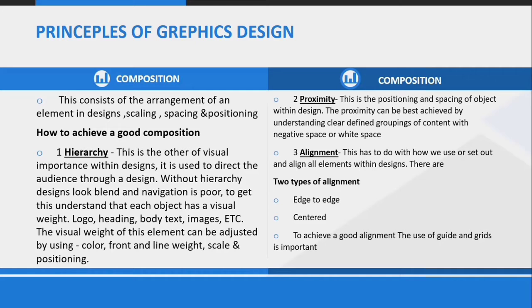For the types of alignment, we have edge to edge, which is what I used here. It can either be on one edge or the other edge. Then there's centered, which is kind of two types. Everything will be on the center, while the other one will break the design into centers. You understand?